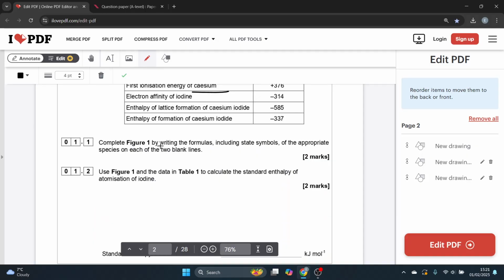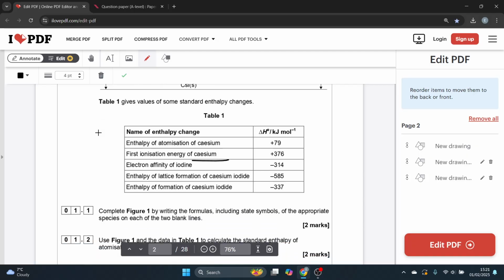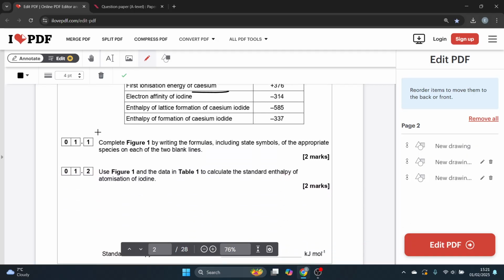Use Figure 2 to calculate the standard enthalpy of atomization of iodine. So the enthalpy of formation is minus 337.